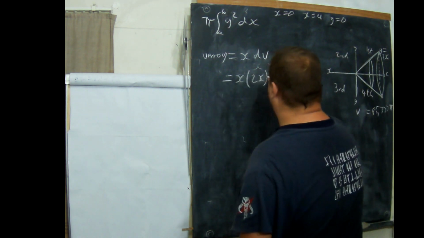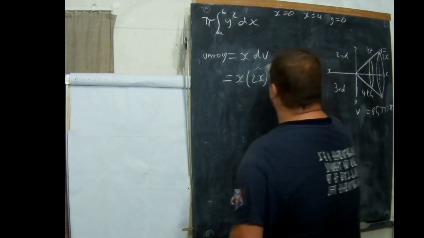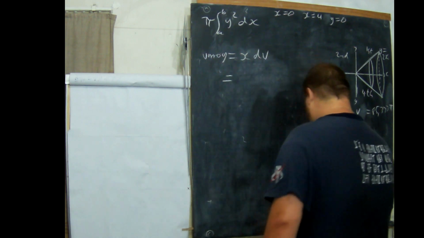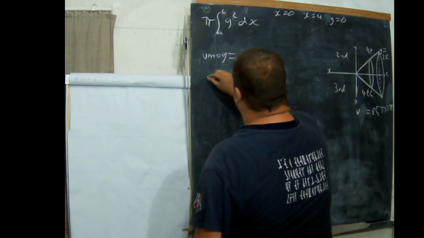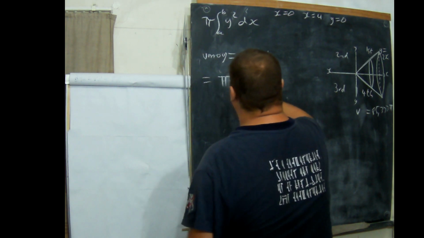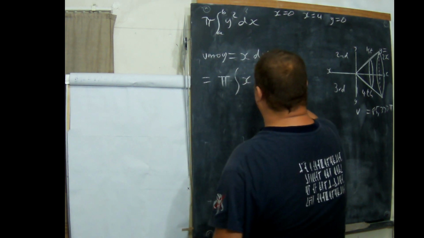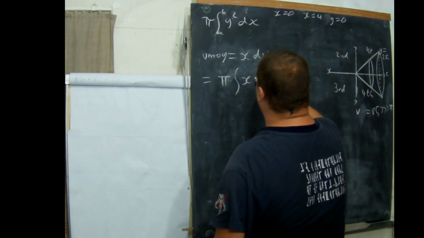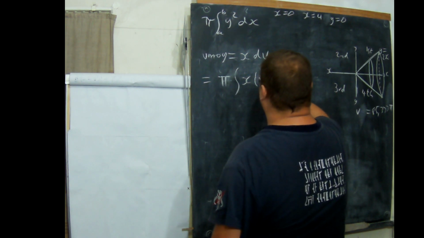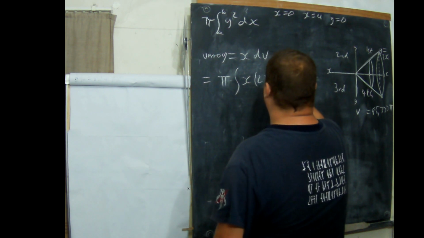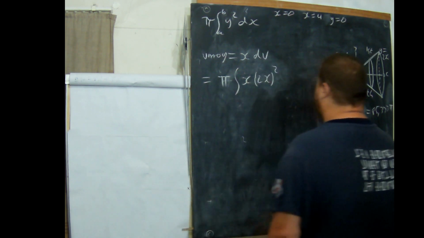And so the integral equals pi, the integral of x dV, which is pi x times 2x squared dx.